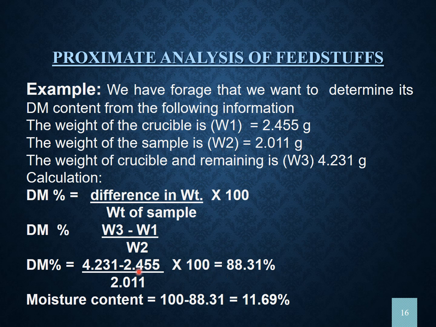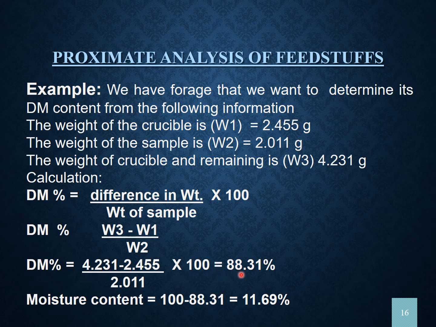That's what we did in these equations. So W3, the weight of the crucible and sample after drying, 4.231, minus the weight of the empty crucible, 2.455, then divided by the weight of the sample W2, which equals 2.011, and then multiplied by 100.